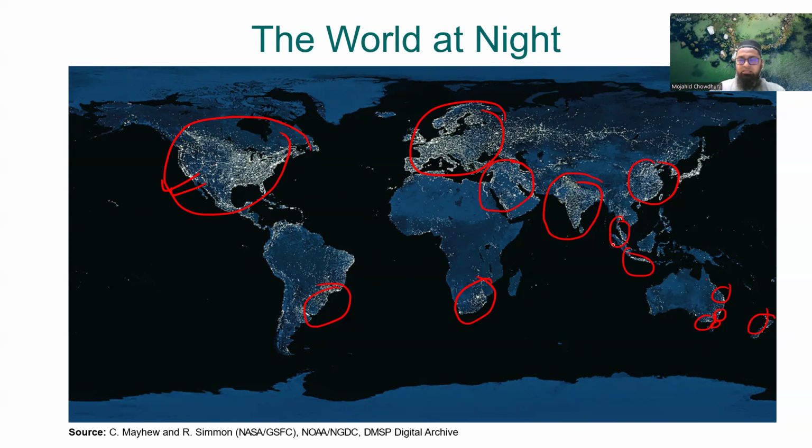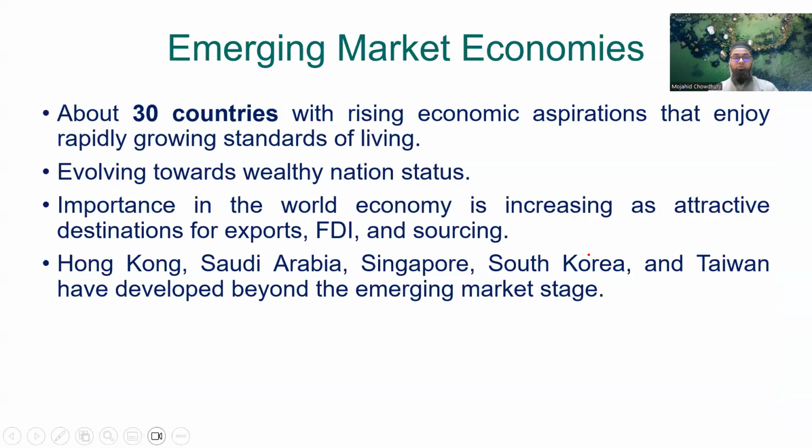So it is understandable that the emerging countries and the developed countries have higher electricity, which allows them to have more light. It's a very impactful figure to see the differences between the developing, emerging, and advanced economies. So let's have a look more at the emerging market economies.